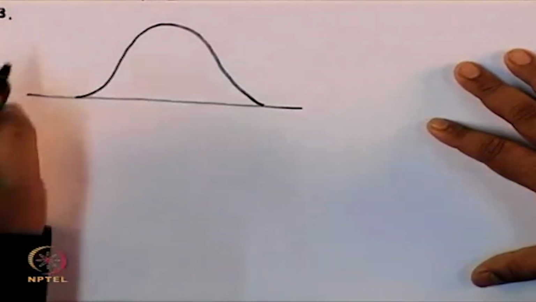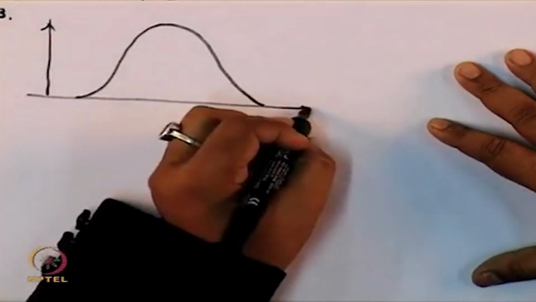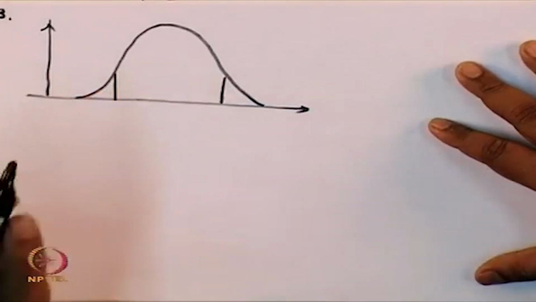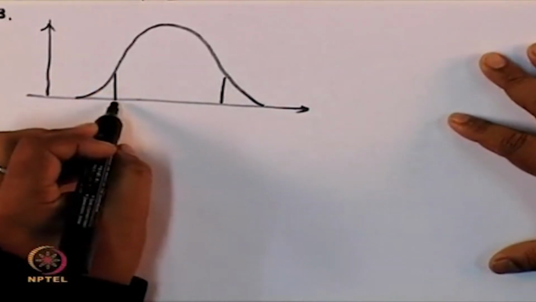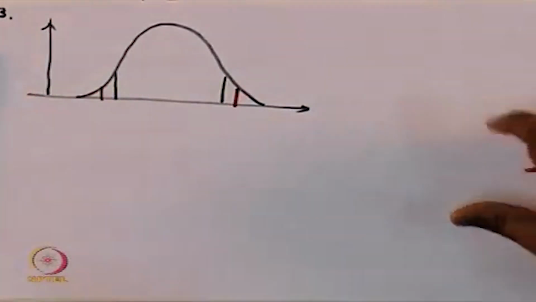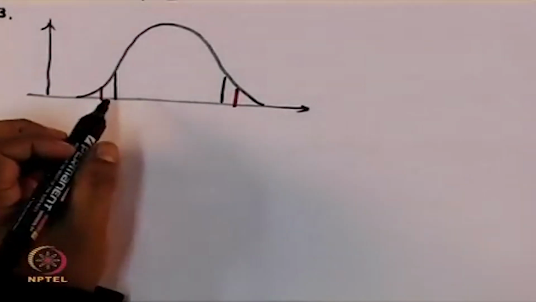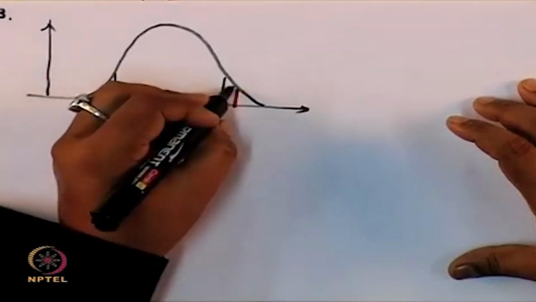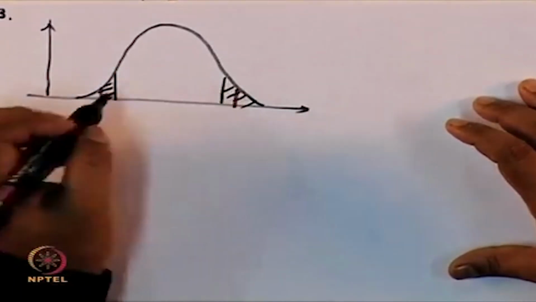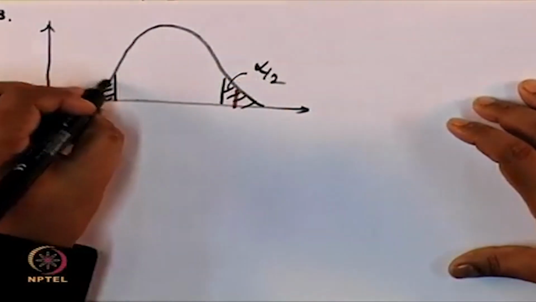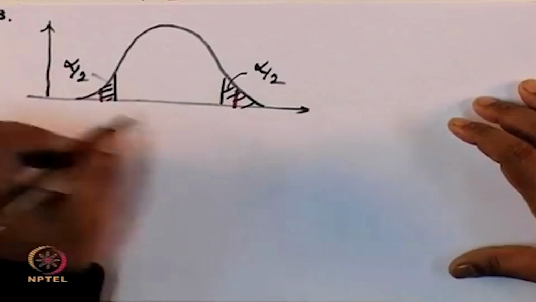Now, if I draw this curve again, you can theoretically reject once this threshold is crossed, or you can reject once this other threshold is crossed. So, for the black curve, you can compute the probability that you will reject, which is the area under this curve. Let us say this is alpha. This is alpha by 2 and this is alpha by 2, because this curve is symmetric.